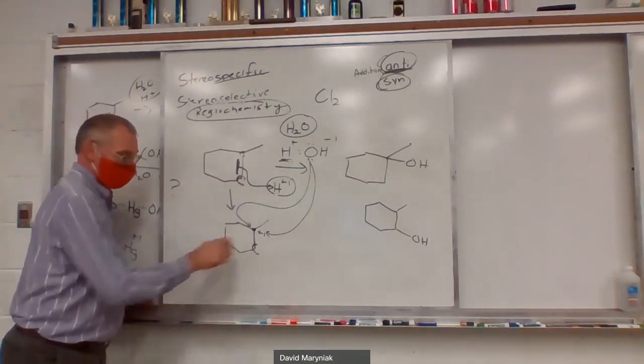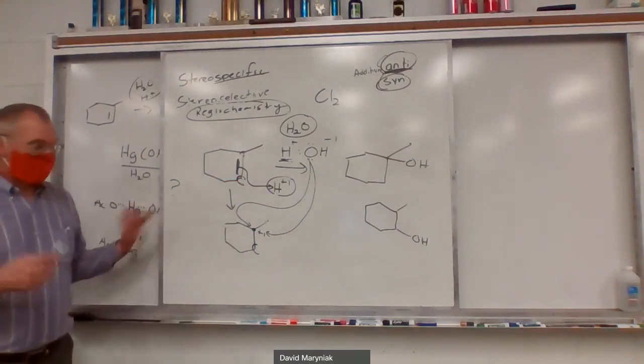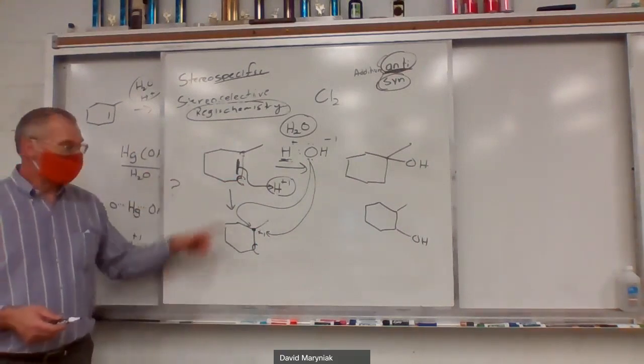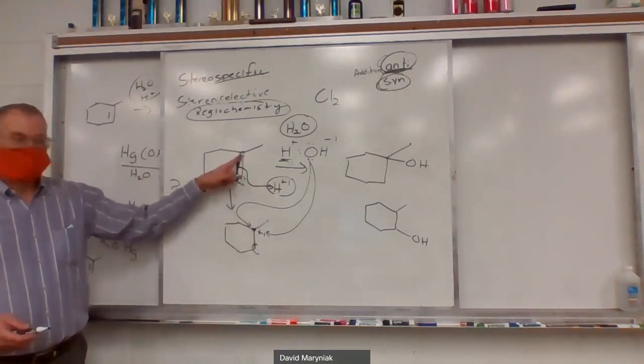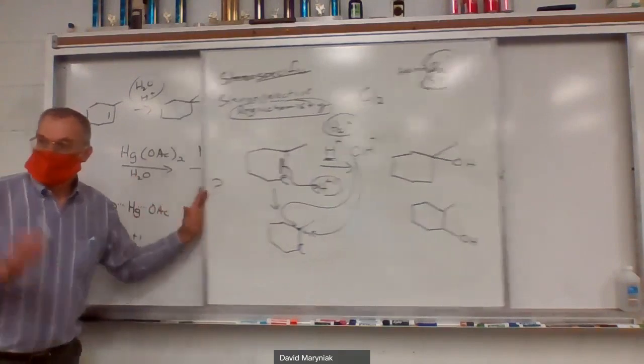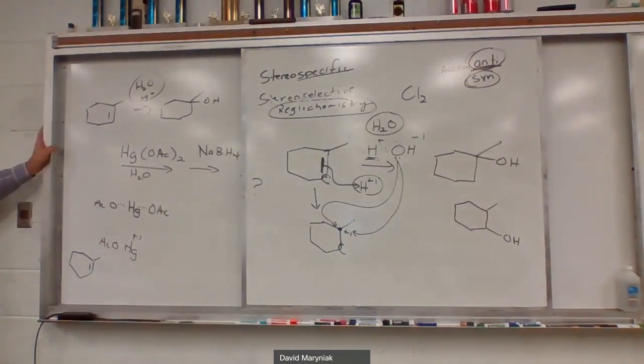That one. True? Which carbon ended up positive when this carbon grabbed the proton? The top carbon. So typically it's the same. Which carbon's going to go after the positive mercury? The bottom. Which carbon would end up positive? The top. And that's because it's tertiary level.